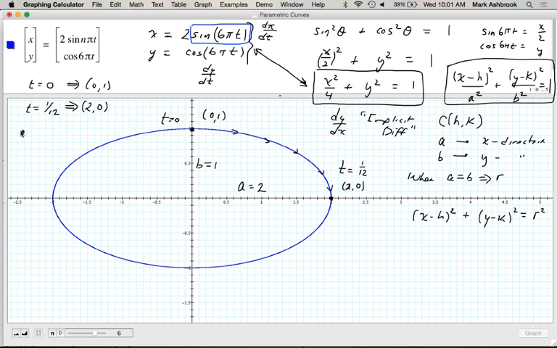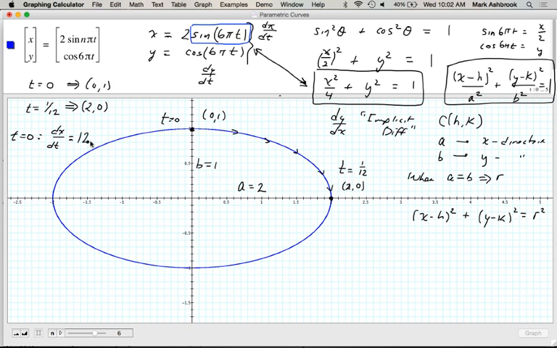What about dx dt? So when t equals 0, what is dx dt? So what's the derivative of that? The coefficient will be, in the end, what will be out in front?